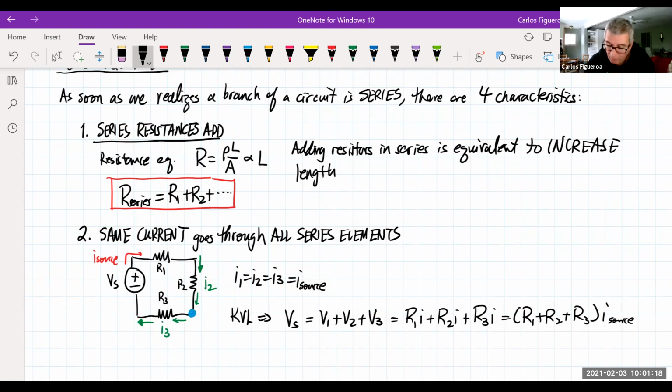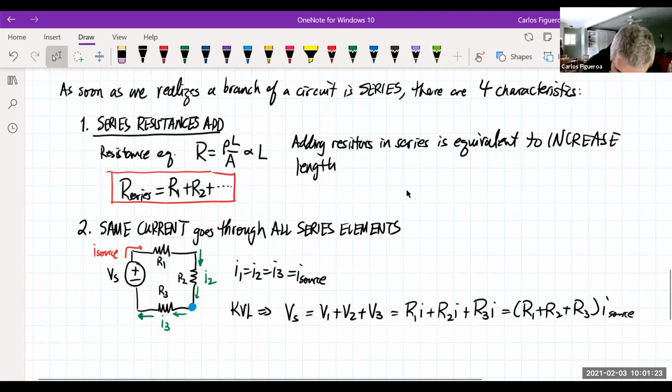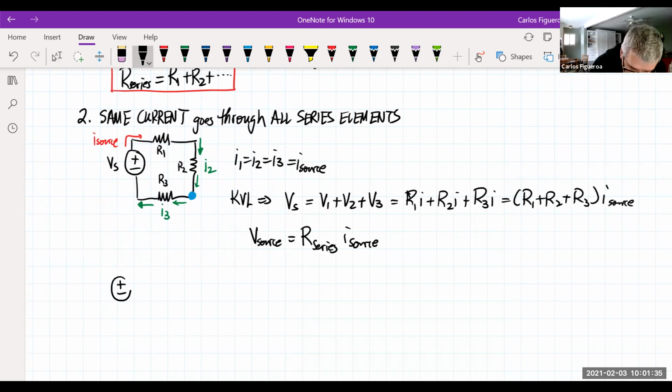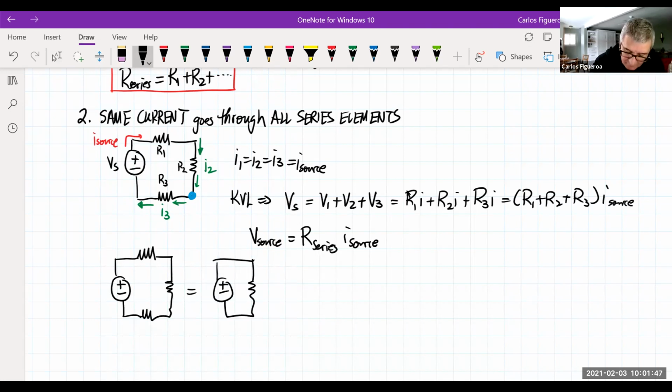So I can rewrite this to say that the source voltage is equal to R series times I source. In other words, my equivalent circuit can be reduced to one resistor. So this is 1, 2, 3, and this one could then be my R series.